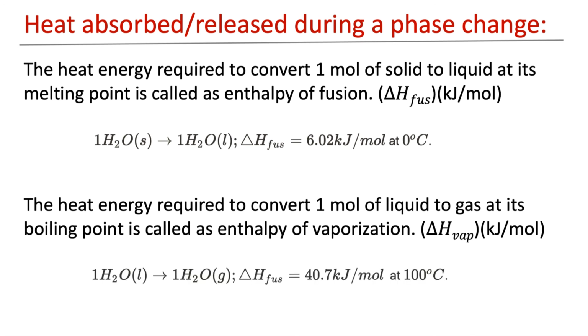For example, if we take 1 mole of liquid water and add heat to convert it into 1 mole of water vapor, the enthalpy cost, which is delta H VAP, is 40.7 kilojoules per mole at 100 degrees Celsius.